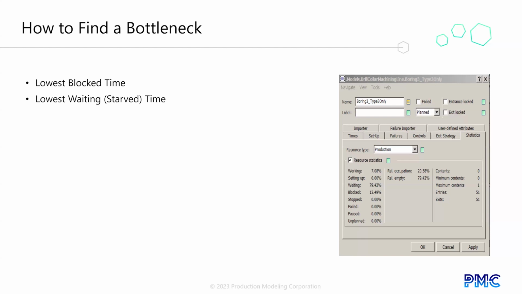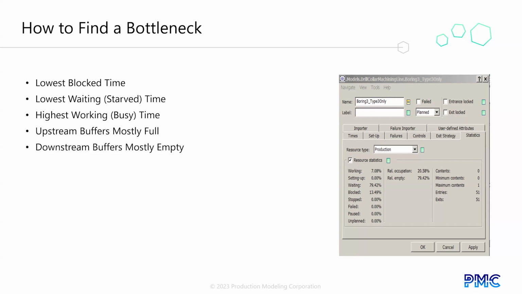Another is lowest waiting time, also called starve time. Highest working time, upstream buffers mostly full, downstream buffers mostly empty, upstream workstations blocked, and downstream workstations waiting or starved.